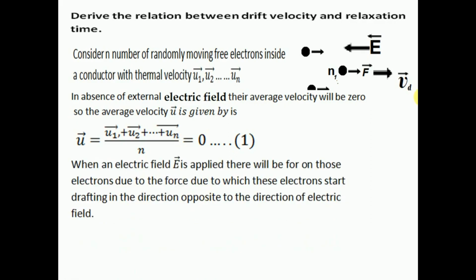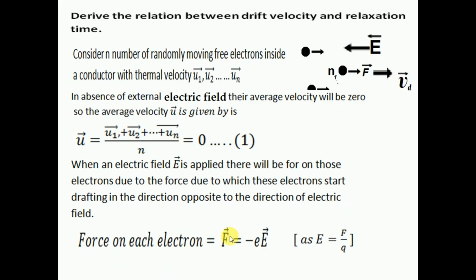But when you apply an electric field, the electrons will start moving in one direction, opposite to the direction of the electric field. They will slowly drift in one direction. The force on each electron is given by F = -eE.